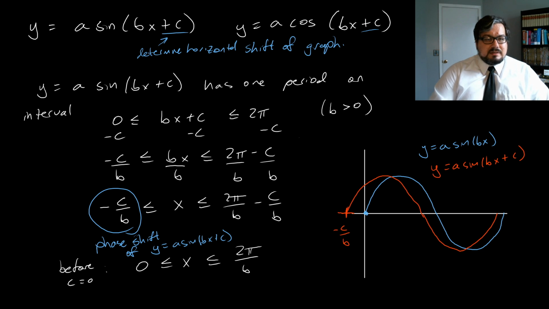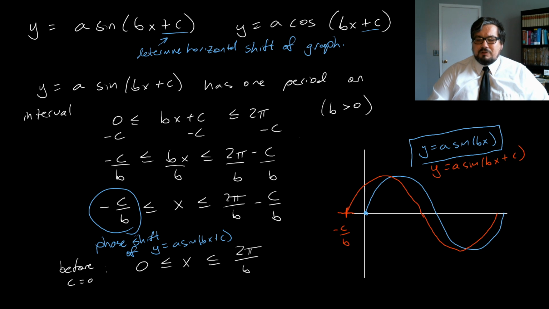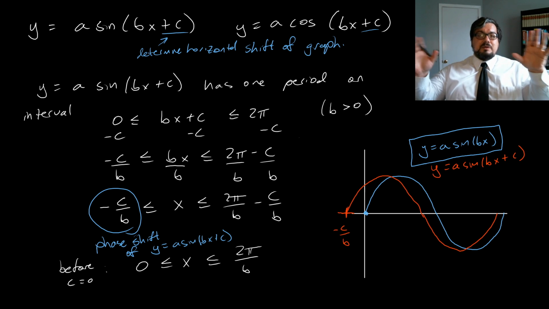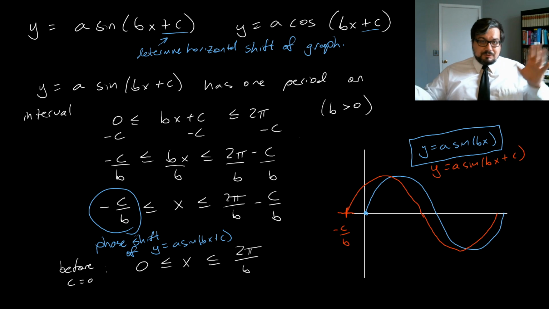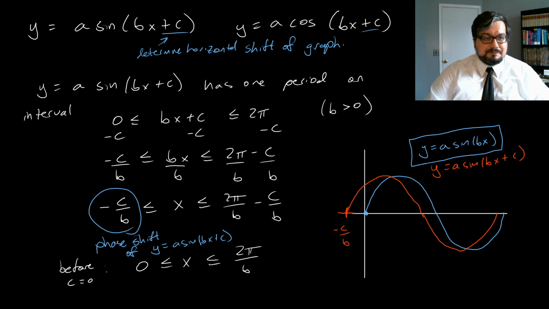So let's do some examples with this. Usually, or often I should say, it's easier to just graph out the a sine bx, the graph without the phase shift, first to see where all that is, and then just take that function and shift it to the left or right according to the phase shift.